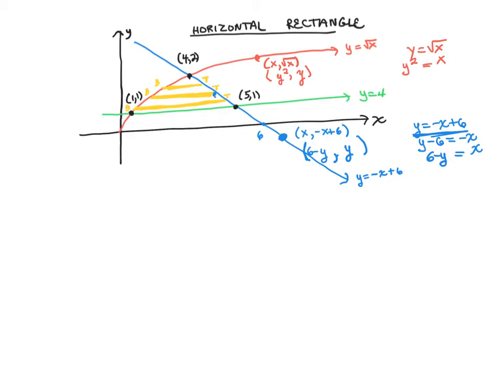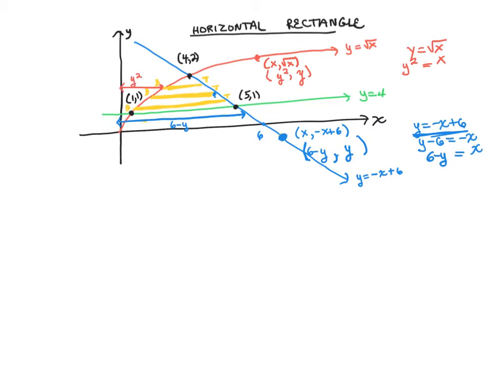And again, because it is this horizontal distance, I should put it in red, this blue distance to the y-axis would be represented as 6 minus y. And this red distance from the y-axis to the red curve would be represented as y squared.